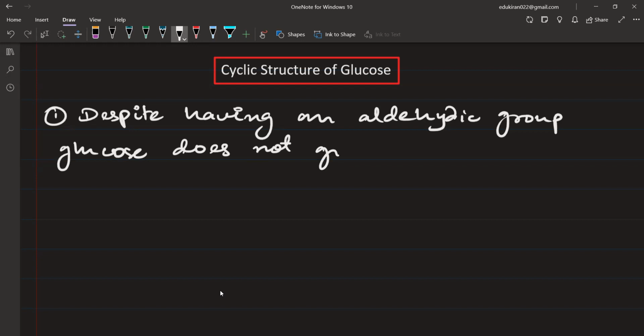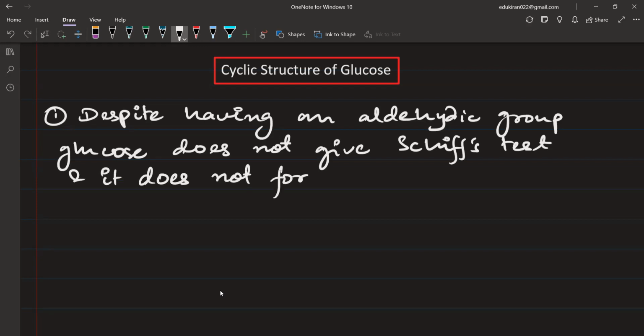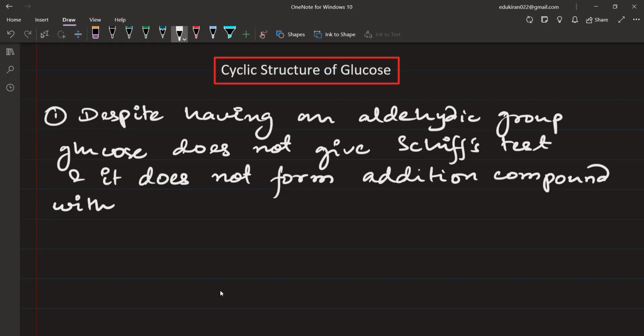glucose does not give Schiff's test, and it does not form addition compound with NaHSO3, है ना?